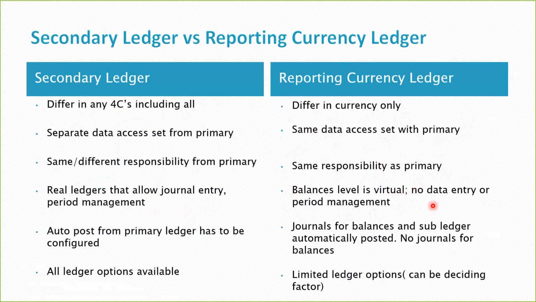We also cannot enter data directly into this balances level reporting currency ledger. For the other levels of conversion, at the journals level and at the sub-ledger level, we have to independently manage periods, and we can also directly enter journals manually into those ledgers. So in that sense, at those two conversion levels, we can say that secondary ledgers and reporting currency ledgers are similar.